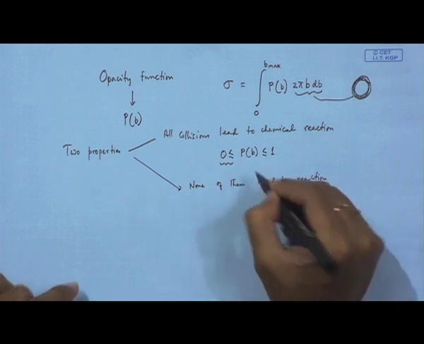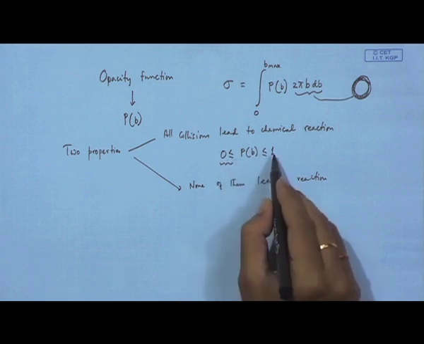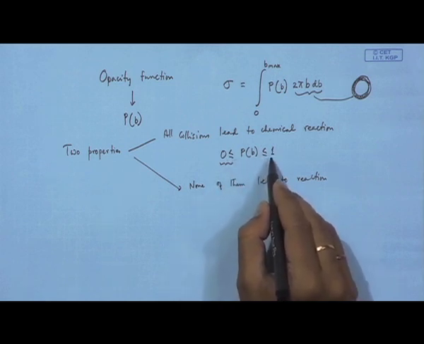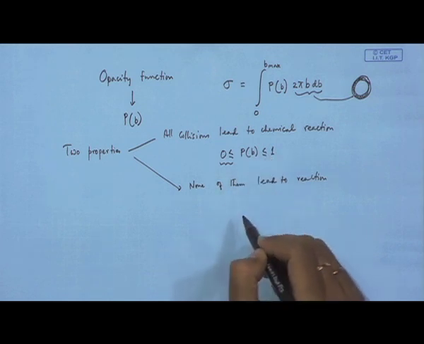So, that is why this range. So, Pb will range from 0 to 1. If it is 100%, then Pb will tend to be 1. If it is nothing, then Pb will be very close to 0.